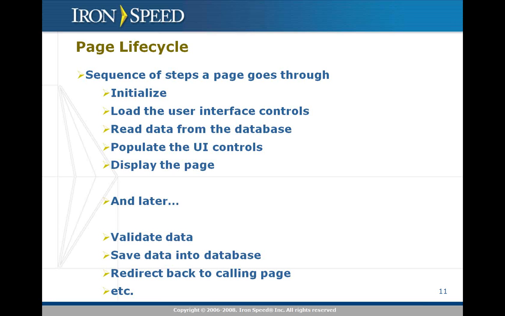And then, of course, you display the page. Later on, users may take some action, like pressing the save button, or next page or previous page and so on. In that case, a number of additional things could happen, like you may have to do validation, save data into the database, and redirect back to the calling page, and so on and so forth.